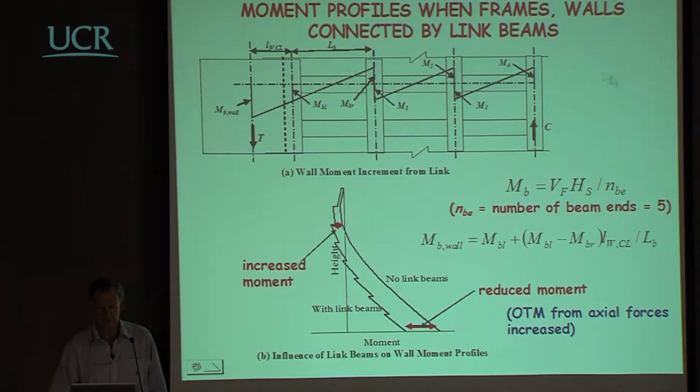And so part of the overturning moment is actually carried by this lever arm, this couple. And we can take that into account. It modifies the bending moment pattern up the building.